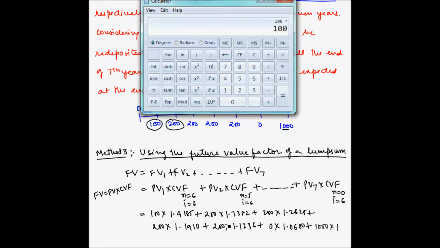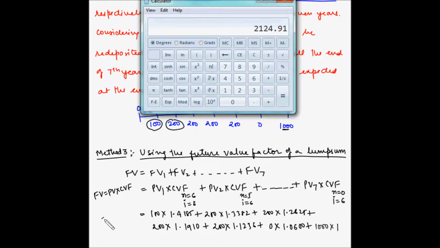So 100 into 1.4185 plus 200 into 1.3382 plus 200 into 1.2625 plus 200 into 1.1910 plus 200 into 1.1236 plus 1000.